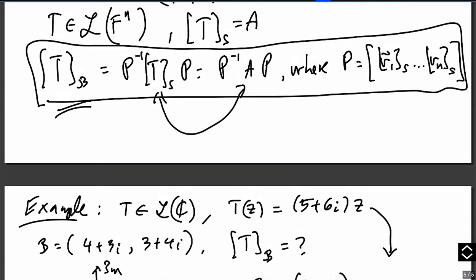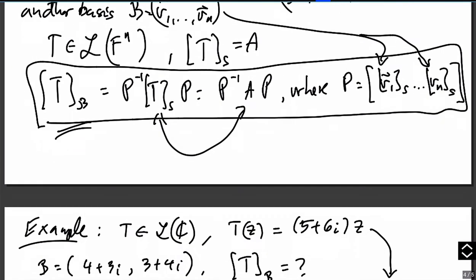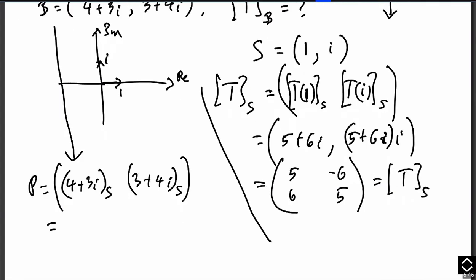And then we need the P matrix, which is just the vectors of B written in the standard basis. So we get this P matrix if we write 4 plus 3i in the standard basis and 3 plus 4i in the standard basis. That one is just the 4, 3 column vector and the 3, 4 column vector.